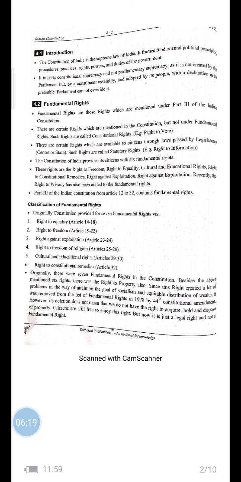However, its deletion does not mean that we do not have the right to acquire, hold and dispose of property, but the citizens are still free to enjoy this right. But now it is just a legal right and not a fundamental right.